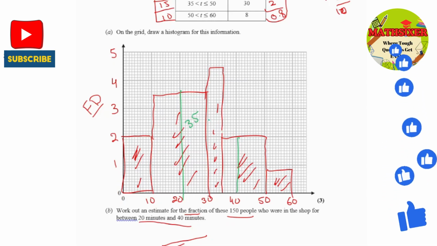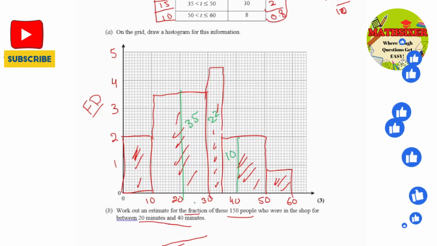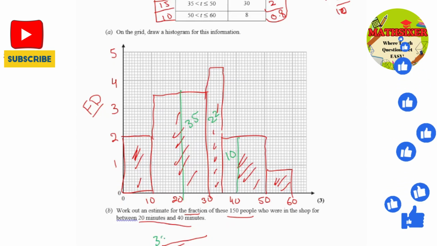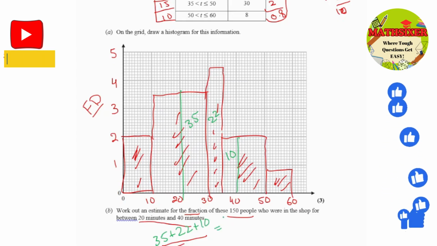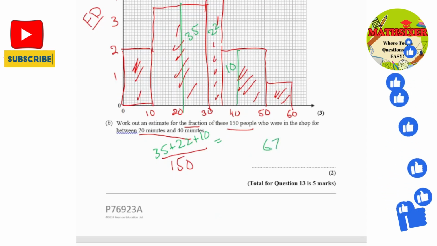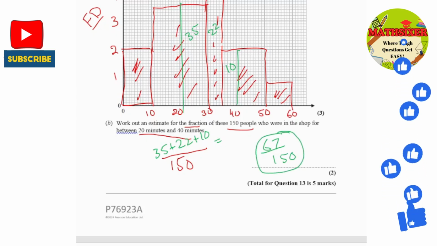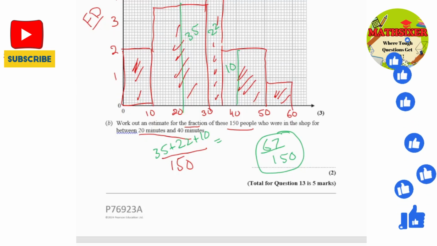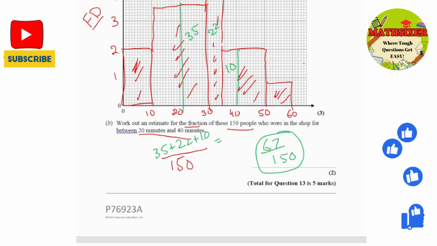This one we have here is 22 people, and the next one we have 10 people. If you add them up, you will get 35 plus 22 plus 10, and that gives us our final answer as 67 over 150. This is our final answer. Because it says write down your answer as a fraction of 150 people, so there are 67 people in there.